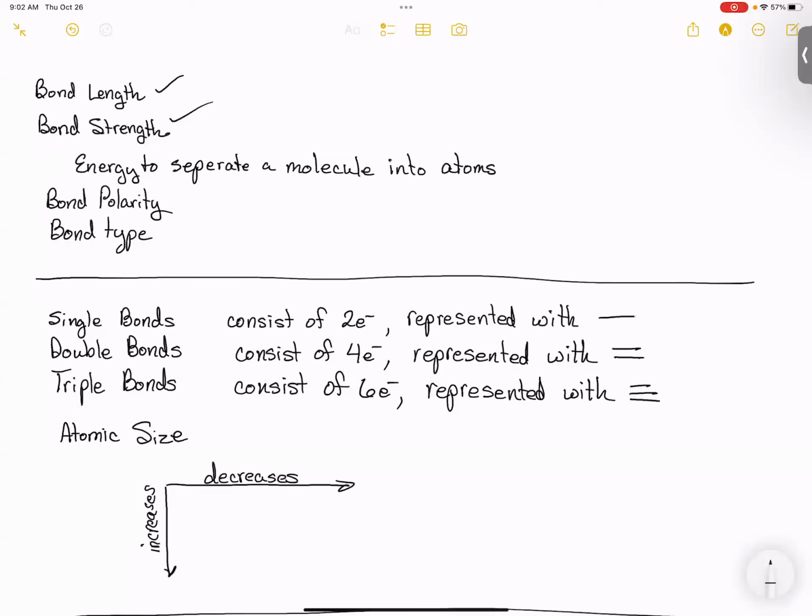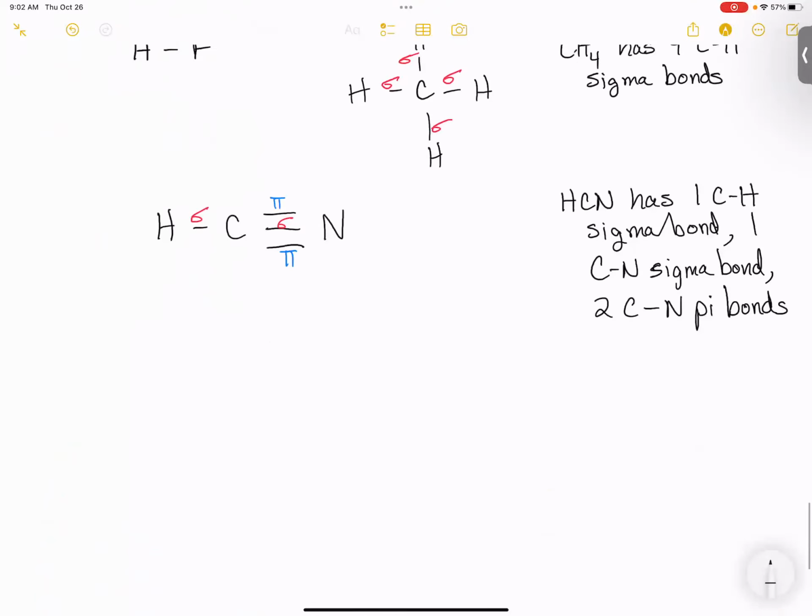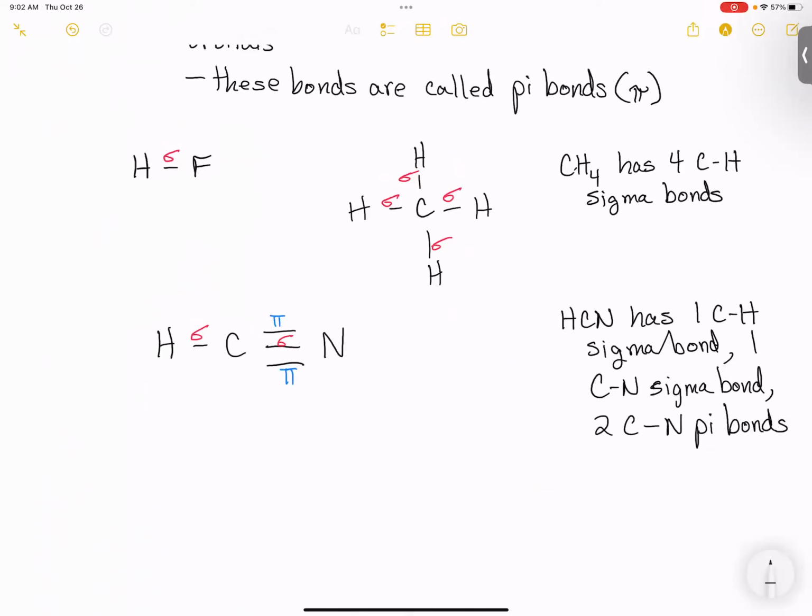And then we will use valence bond theory to determine the hybridization of the central atom. And finally, we'll apply what we just talked about with respect to the bond type to the atoms in the molecule and determine the bond types in the molecule.